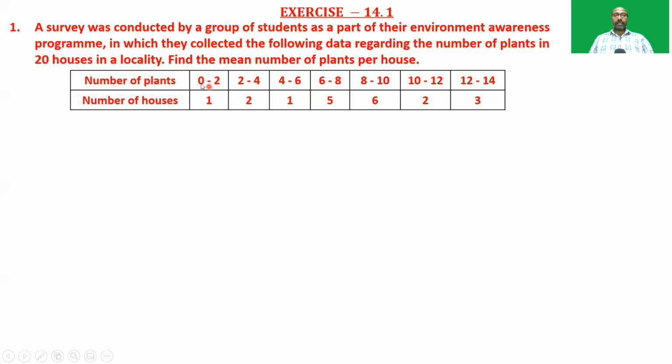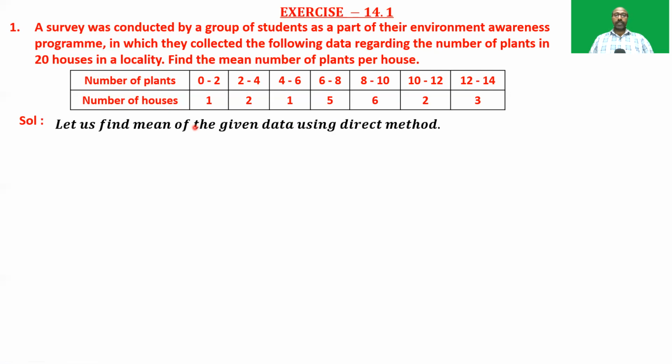But here the values of class marks are very low. That is, the class mark of 0 to 2 is 1 and the class mark of 2 to 4 is 3. So as the class marks are low, we may choose the direct method. Okay. So let us find the mean of the given data using the direct method.